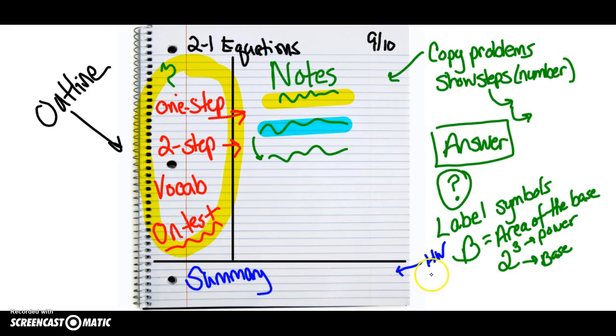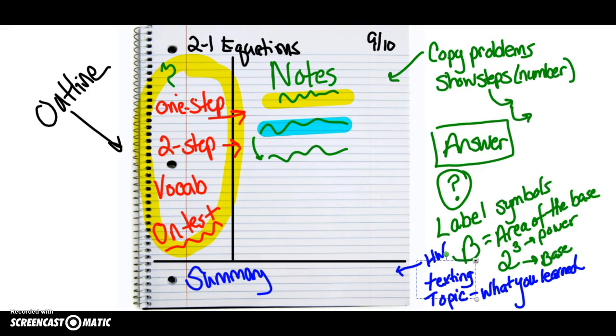And I always say that if you were texting your best friend who missed school that day and they said, "What did we do in math class?" you would tell them the topic that we discussed and what you learned. So for example, you might say, in solving equations, I learned that you need to get rid of addition and subtraction first and then get rid of multiplication and division.